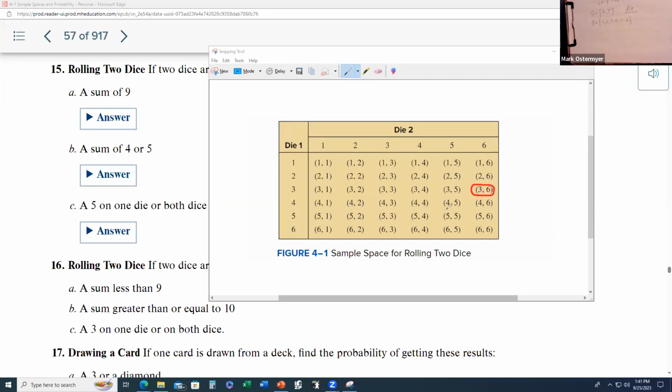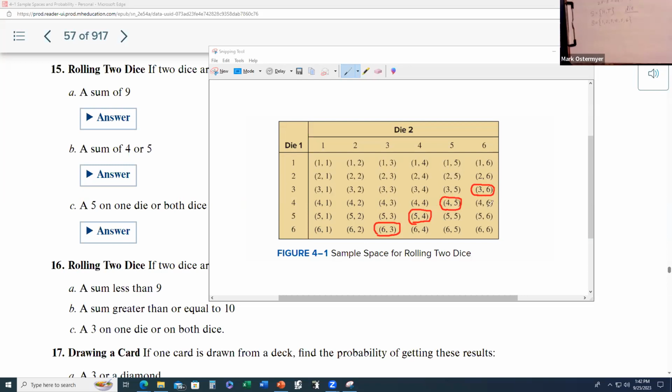We could roll a 4 and a 5. There's another way to roll a sum of 9. Or we could roll a 5 and a 4. There's another way. Or we could roll a 6 and a 3. So how many ways can we roll a sum of 9?